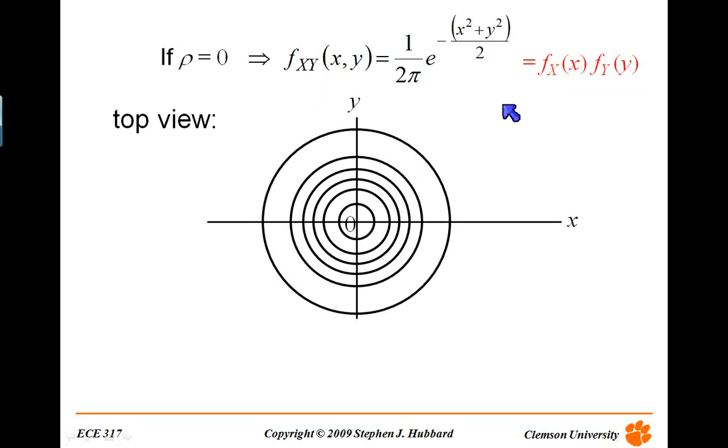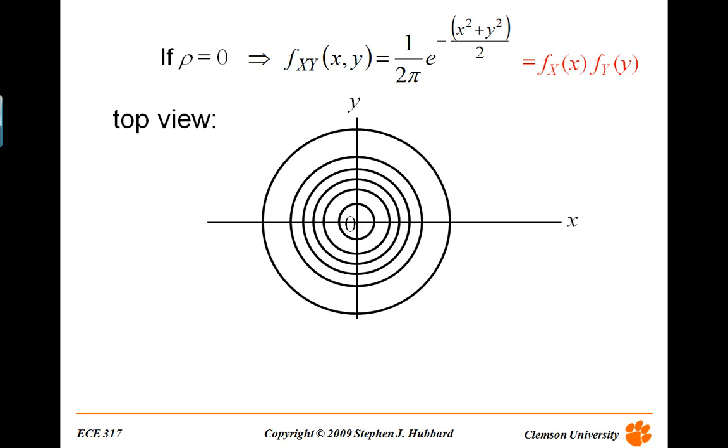In other words, for every locus of points on this graph for which x squared plus y squared is a constant, that locus will be circular. And the surface corresponding to the graph of this function looks like a mountain, sort of, with its peak at 0 at the origin. I often refer to this as a Gaussian shaped mountain.